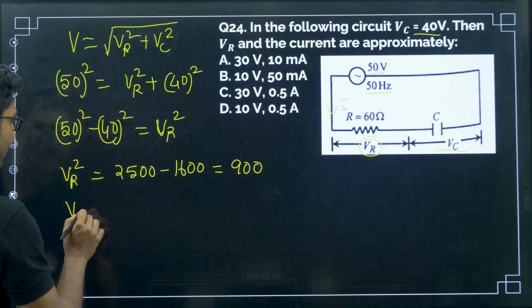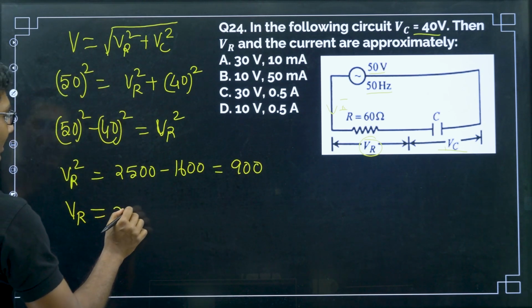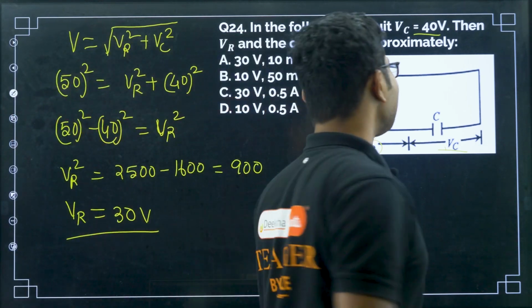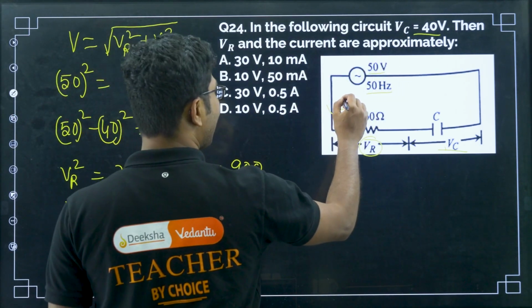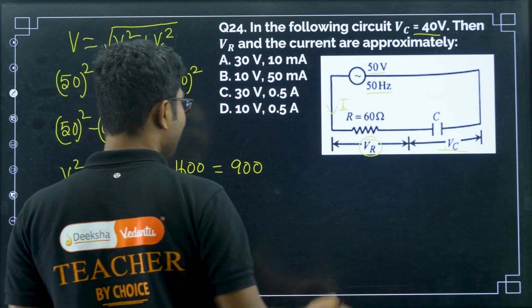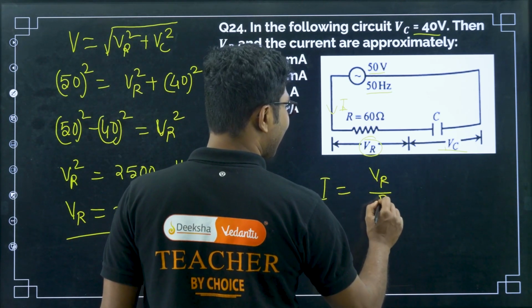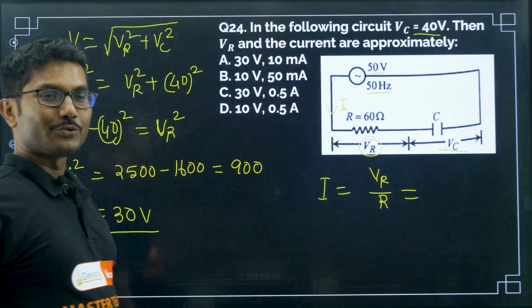So VR is basically 30 volt, right? So we have calculated VR. Now we just need to calculate the current in the circuit. How to calculate the current in the circuit? That is also easy. Current is very simple, VR by R, our old Ohm's law friend.